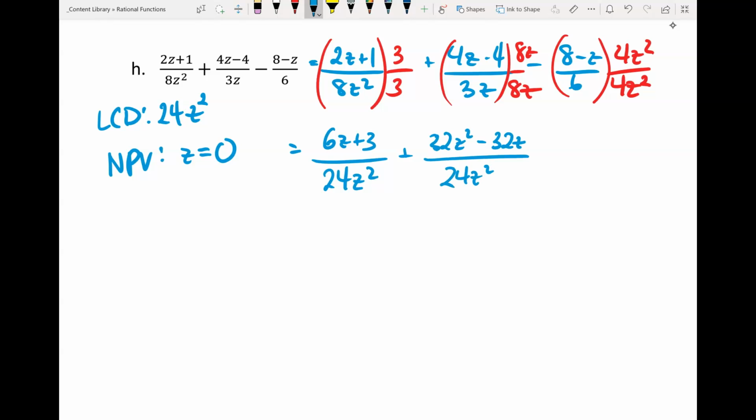And then lastly, multiply the 4z squared with the 8 and the negative z. So we're going to get 32z squared minus 4z cubed.